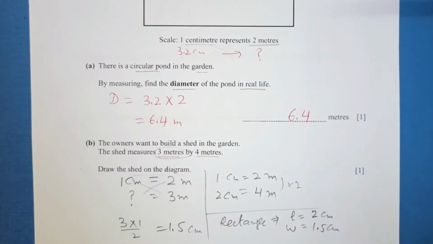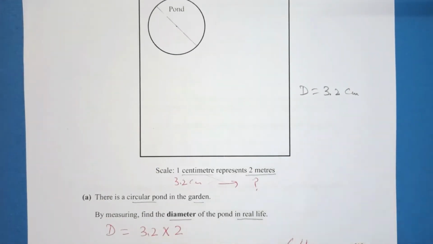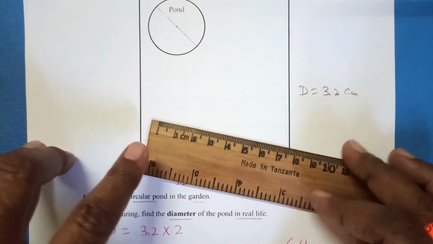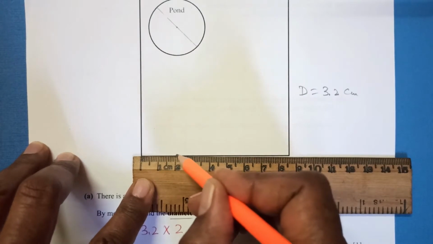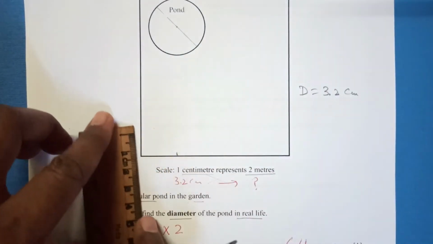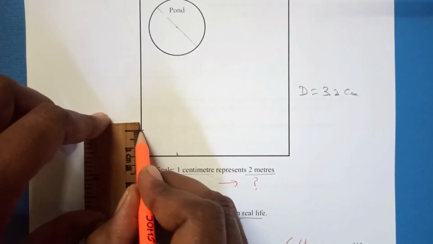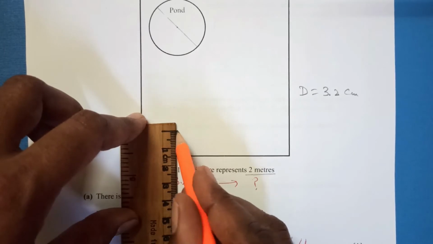So it says draw the shed on the diagram. Here we can draw it anywhere because we are not given any other condition. So our length is 2. I can take 2 centimeters here. This side is 1.5. So 1.5 is here.